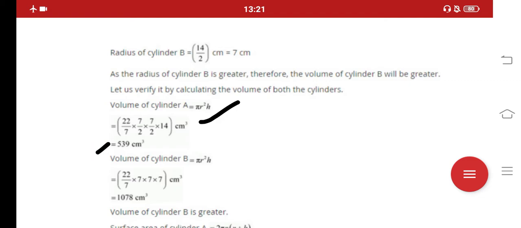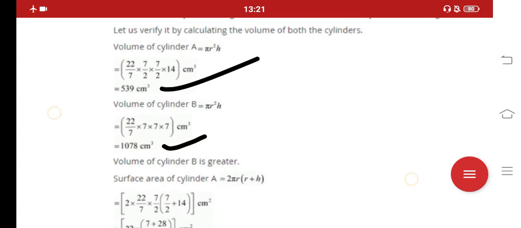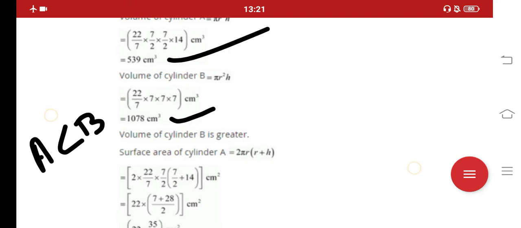By placing all the values we are getting 539 centimeter cube. This is the volume of the first cylinder, cylinder A. Now for the second cylinder, after placing all the values we are getting volume 1078 centimeter cube. So here we can easily see the volume of cylinder B is greater than the volume of cylinder A.